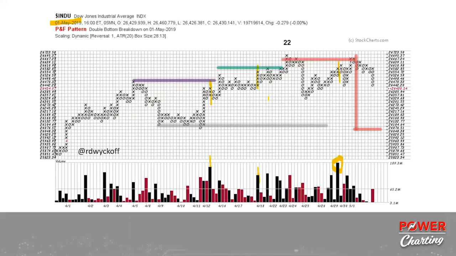The thing that we said at the time was that we have a count right here, a small count. This is a trading count that goes down to 26,076. Remember that number.